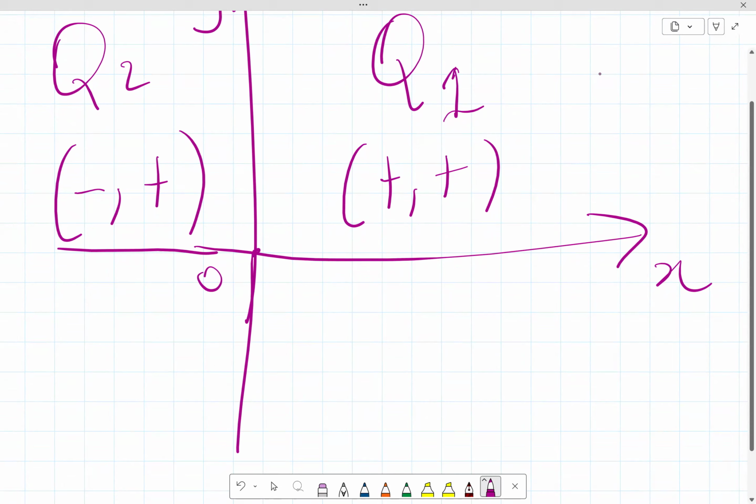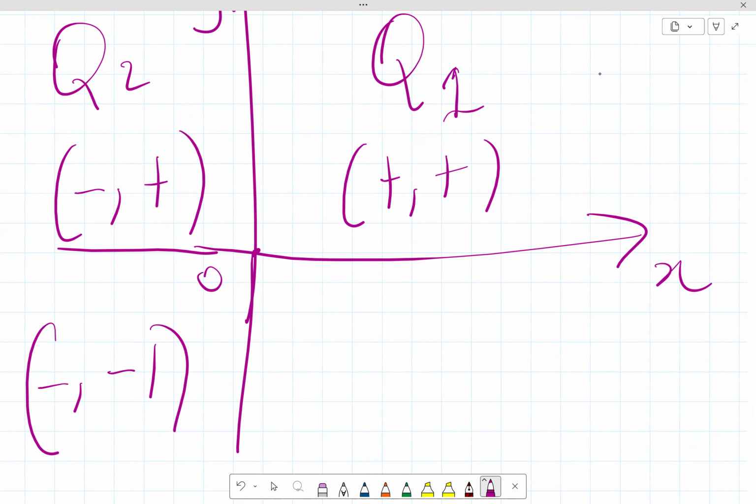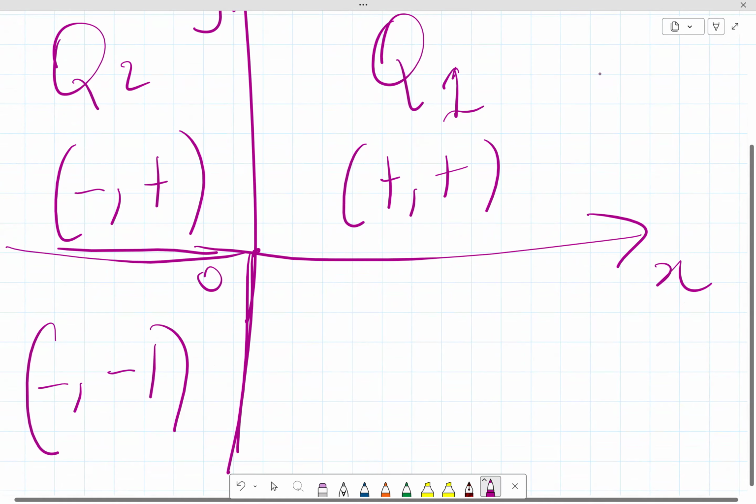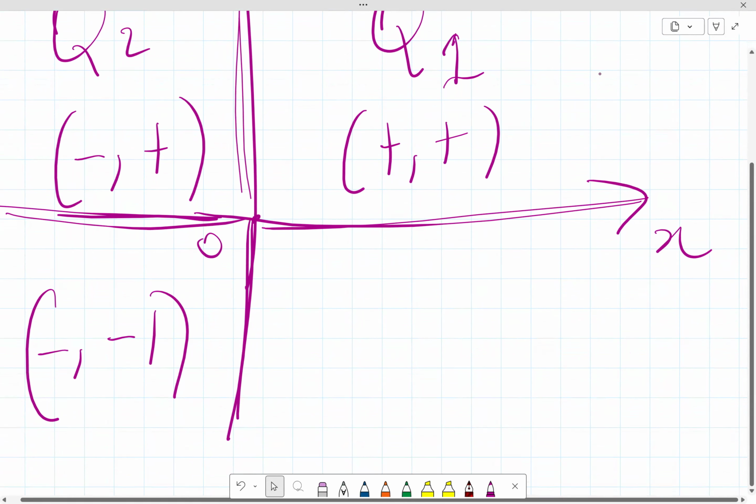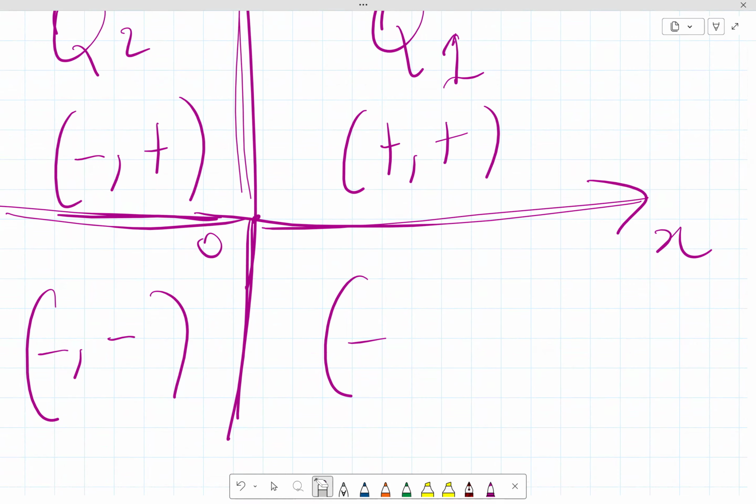And we have quadrant 3 down here, where x is negative and y is also negative. So this is negative x, negative y. Up here, this is positive x, positive y. And here, you have negative x, positive y. So you have the negative x-axis, and then you have the positive x-axis and the negative y-axis.